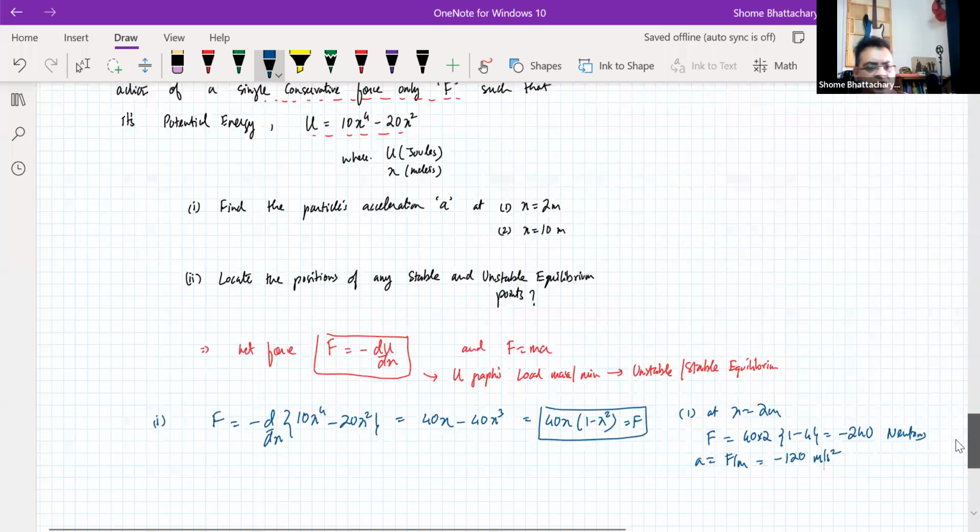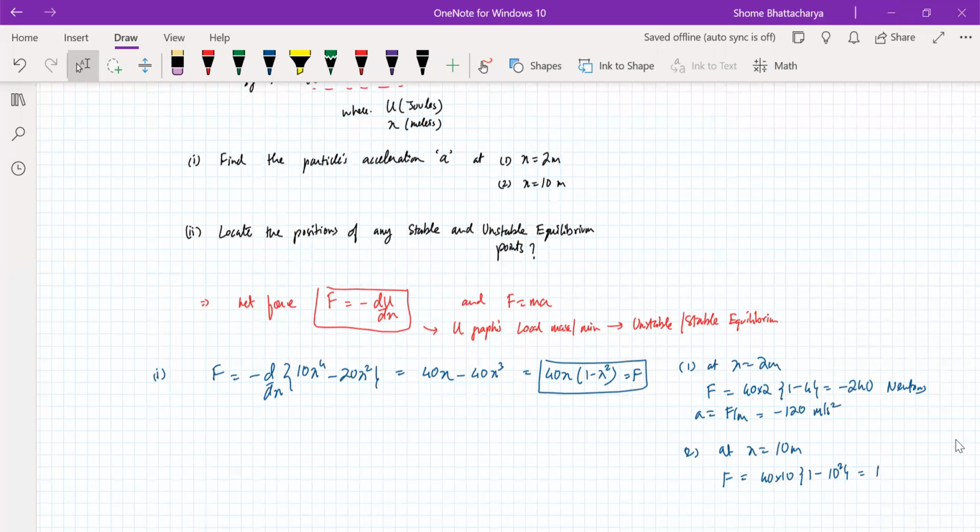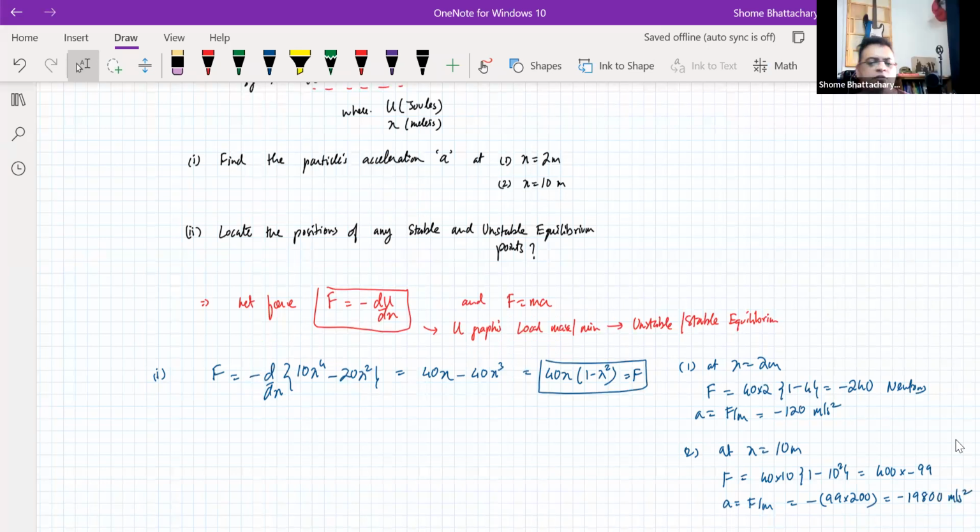And likewise, at x equal to 10, we can see that, pretty incredible amount of acceleration we are getting.